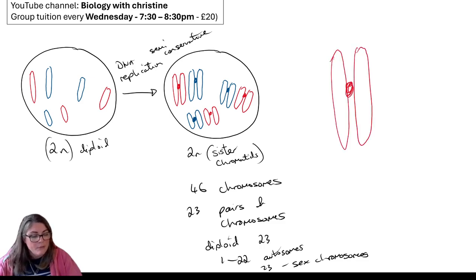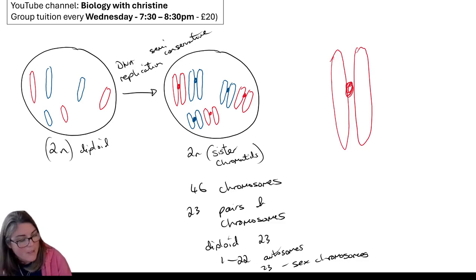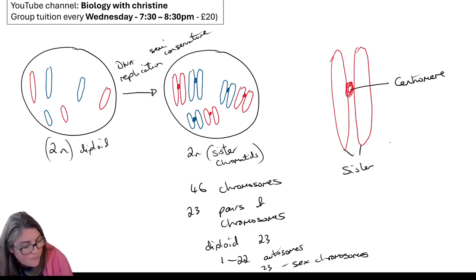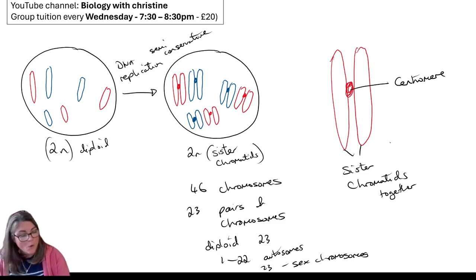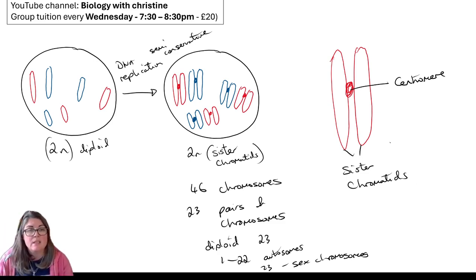So here we have my centromere, which is holding my sister chromatids together. The centromere is the one that's going to hold those sister chromatids together.